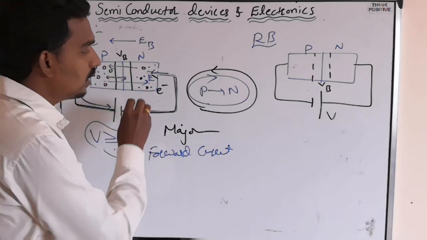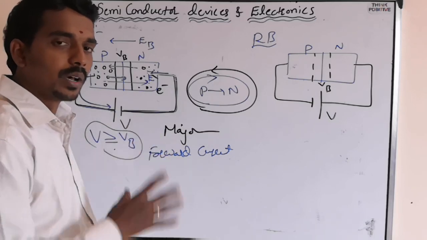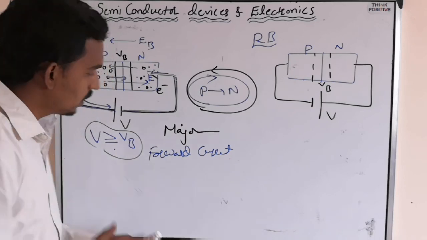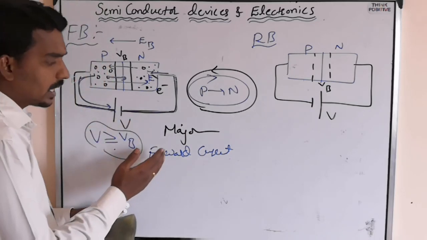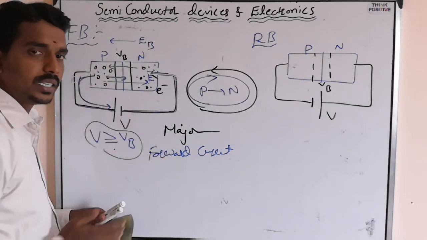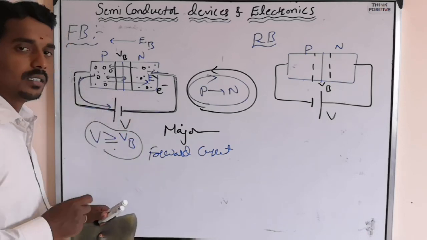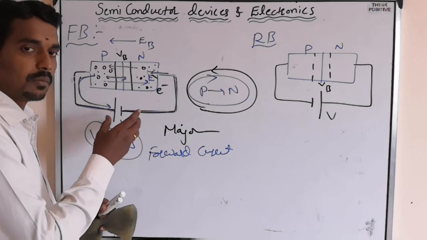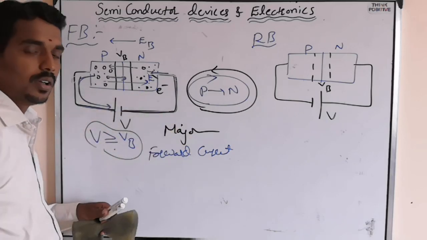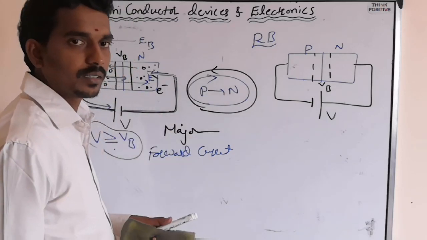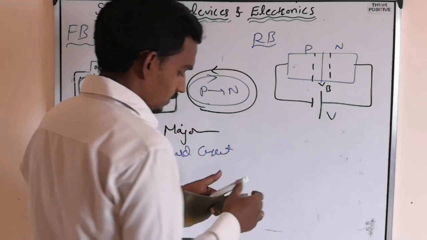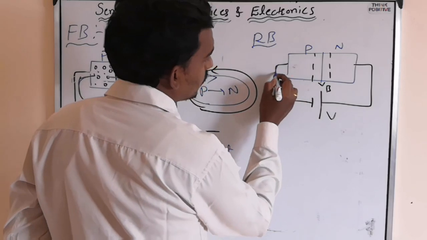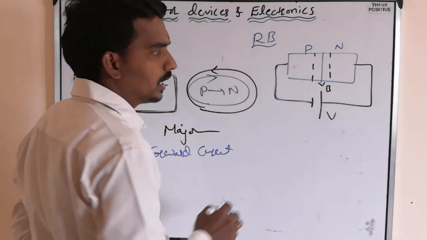Now it is called a full-fledged, fully working PN junction diode device, in forward mode, where current is due to majority charge carriers, and the charge carriers are major in number. That's why the current is also very huge. Right? Now here what happens? Now you connected P to the negative terminal.